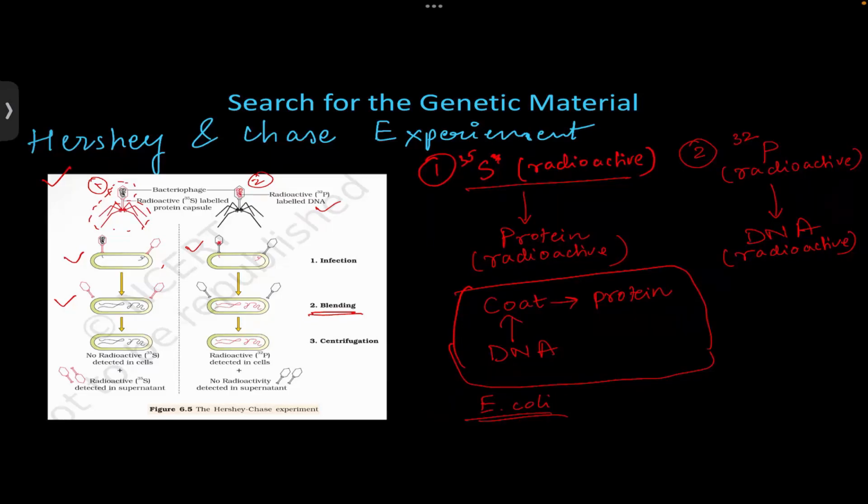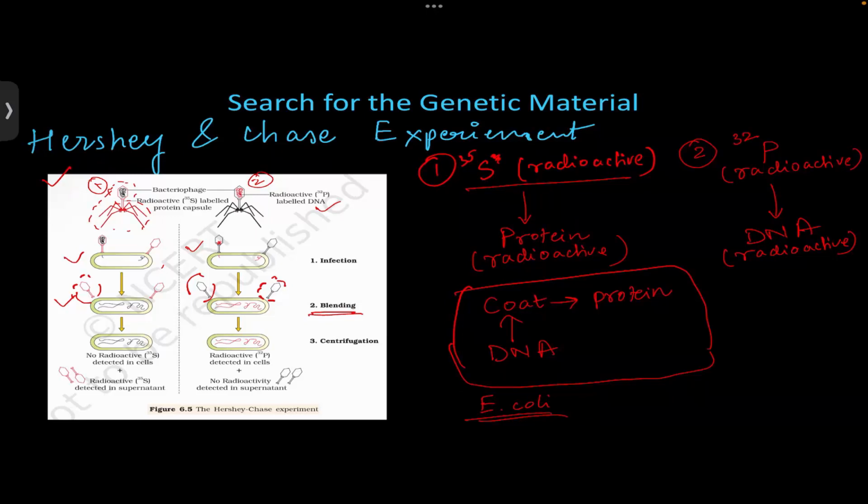You can see the structures are now being removed. In the previous step it was attached to the cell wall and facilitated the transfer of genetic material from the virus into the bacterial cell. In the second step, after the transfer of genetic material has happened, the blending process allowed detachment of the viral coating.